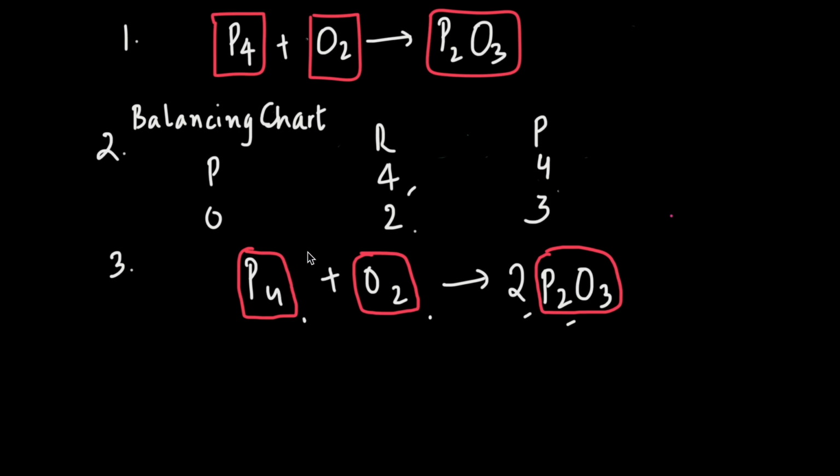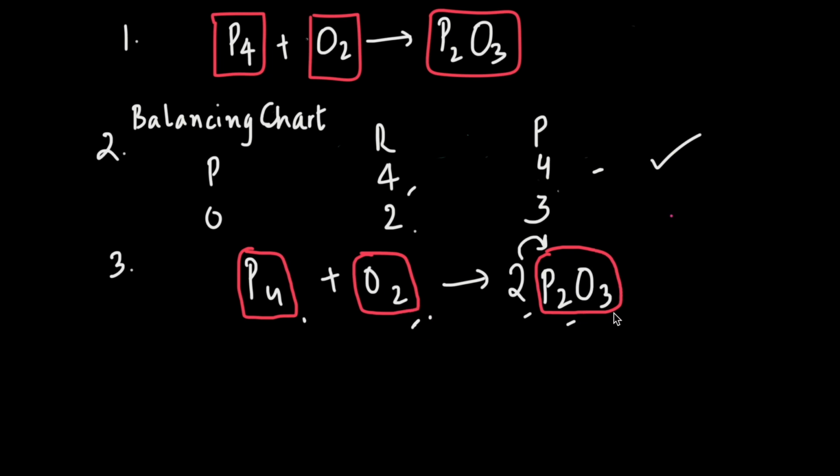Phosphorus on the reactant side, we have 4 atoms, and on the product side, you can see that we have P2, which is going to be multiplied by this 2 outside. So now the total number of phosphorus atoms is 4. That means that phosphorus is balanced. Let's move on to oxygen now. Oxygen on the reactant side, we have 2 atoms.